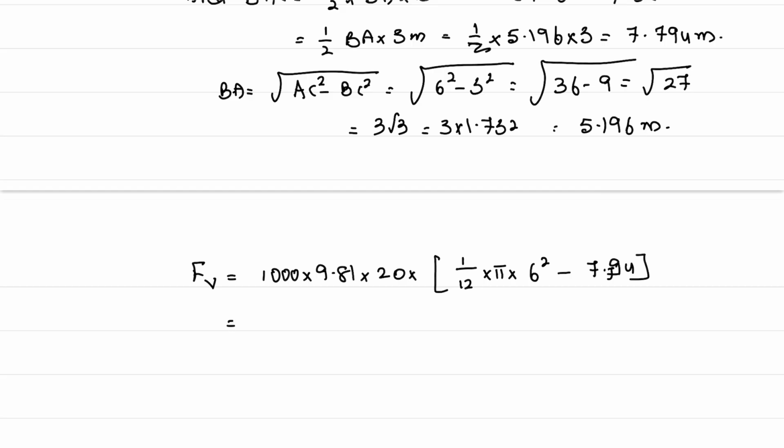That is equal to pi into 36 divided by 12 minus 7.794. This into 20 into 9.81 into 1000.